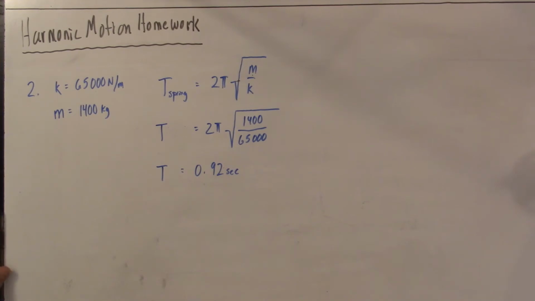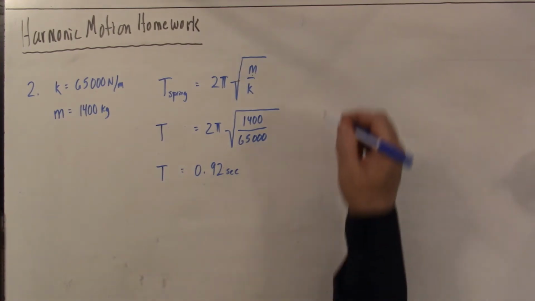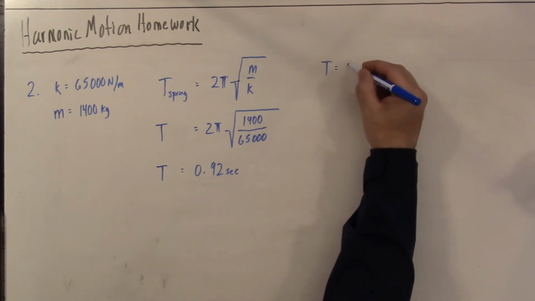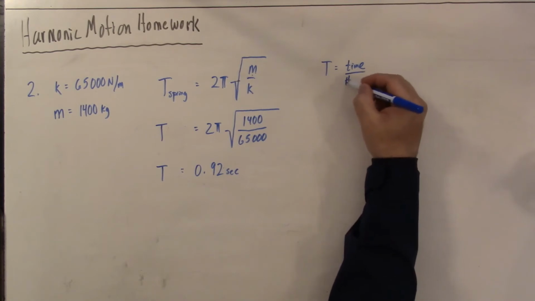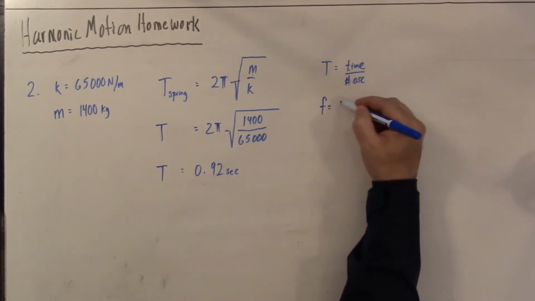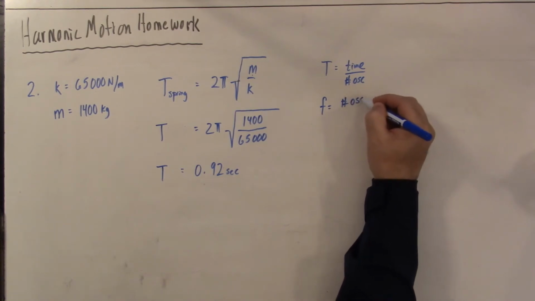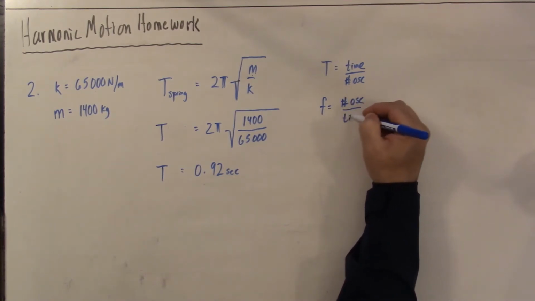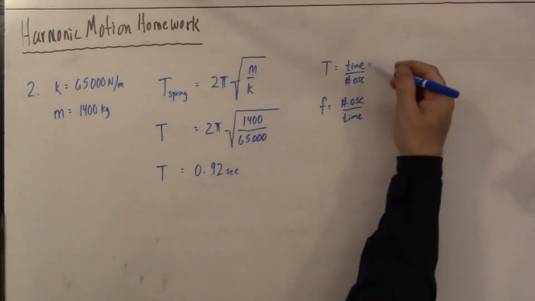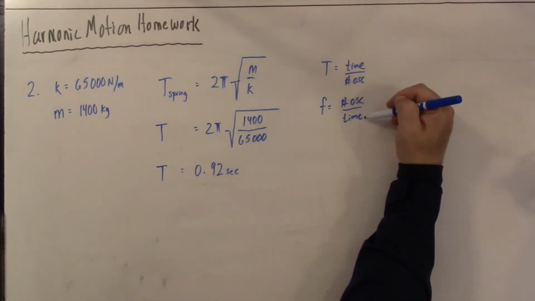Second question says, what is the frequency? Well, from the last problem, we realized that if you want to calculate the period, it'd be the time divided by the number of oscillations. But we said that the frequency was the number of oscillations divided by the time. And you can see when you look at those that they're obviously the reciprocal, because this is time over oscillations, this is oscillations over time.